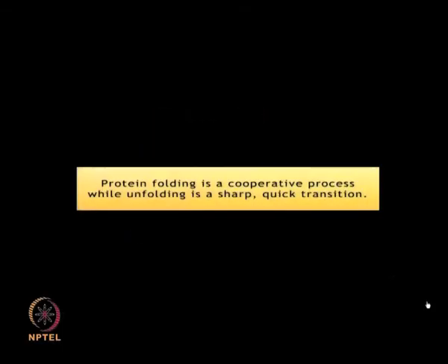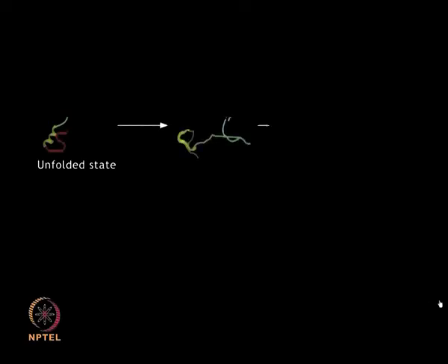Protein folding is a cooperative process, whereas unfolding is a sharp and quick transition. Proteins typically adopt only one characteristic functional native state conformation, which has the lowest free energy and is most stable.